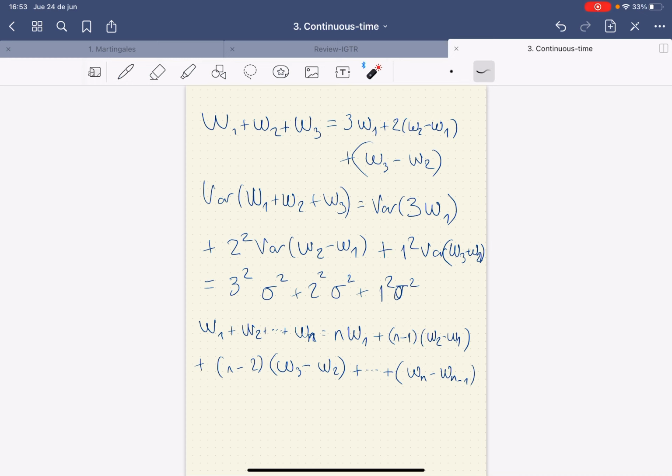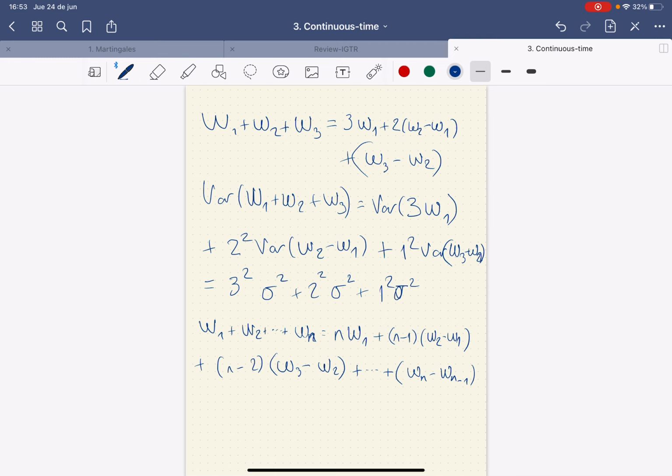Well, because of an analogous reason to the one we displayed right here. So if you take these n minus 1 W1s and you subtract them from this guy here, then you're left with just the original W1. And if you take these n W2s and you subtract them from these n minus 1 W2s, then what you have is just this one here, and so on and so forth up to this term here.